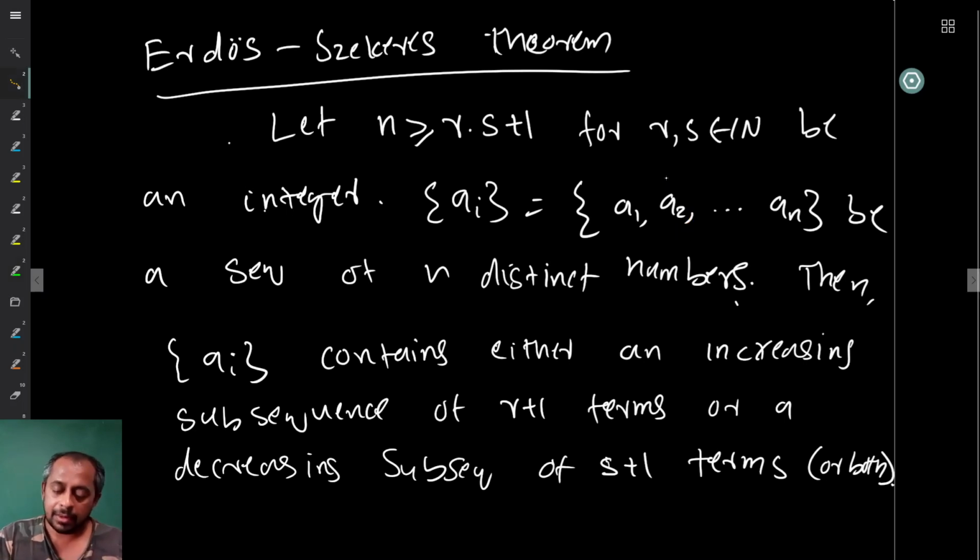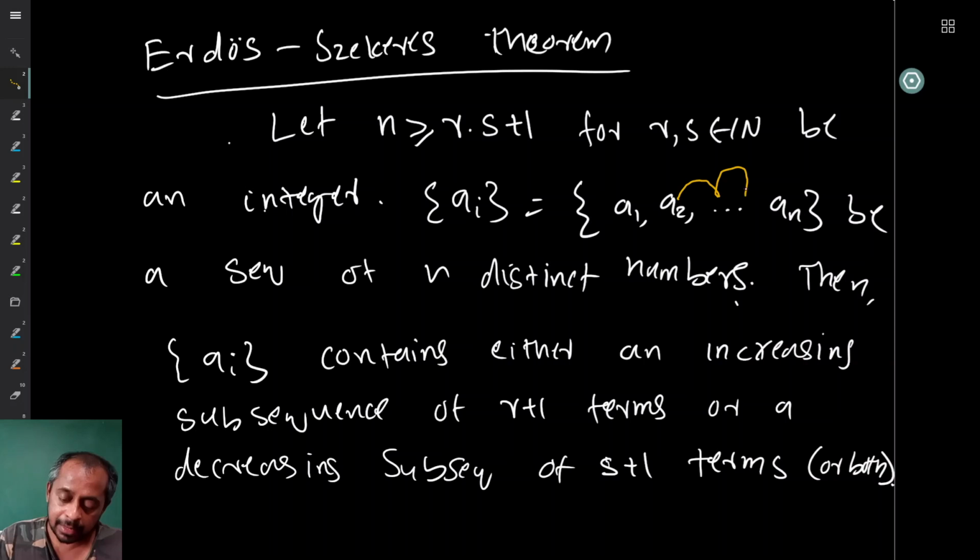I start from a2 and look at the maximum subsequence that you can create which increases. So after a2, I can only select numbers which are larger than a2, then only numbers larger than that, etc. I look at this and see how many I can select. This I can do.